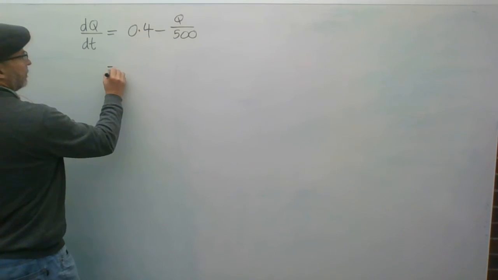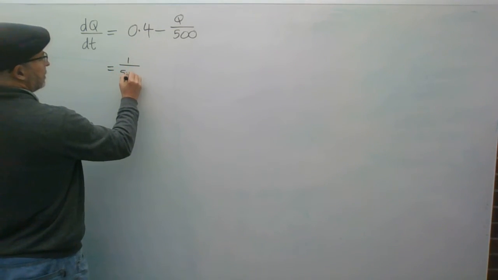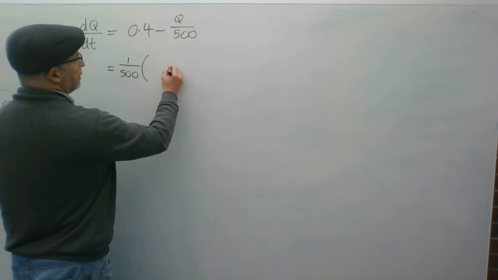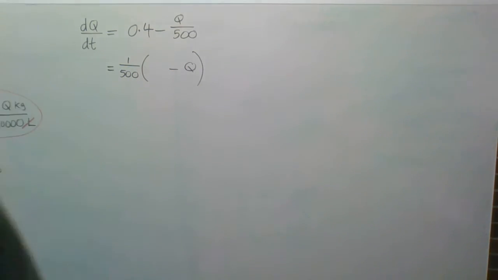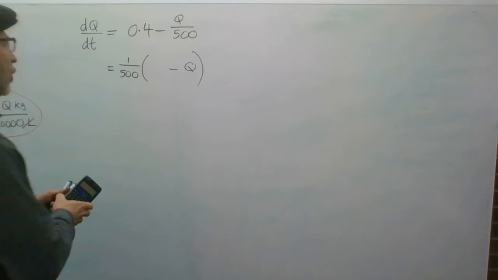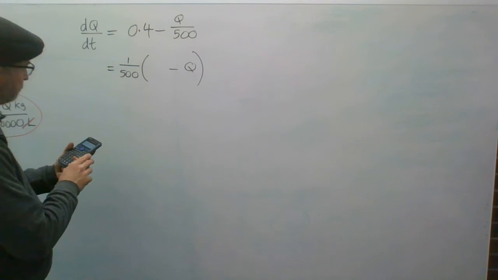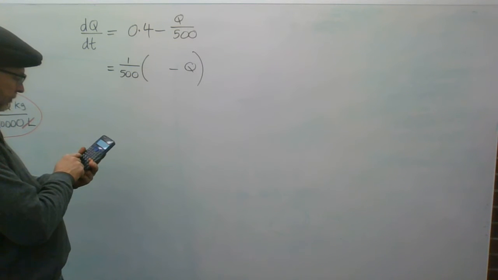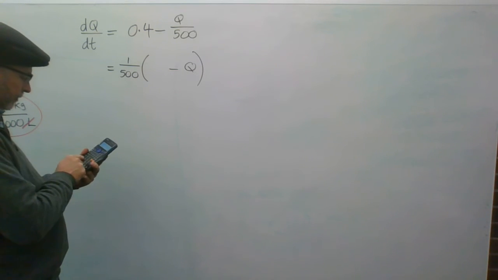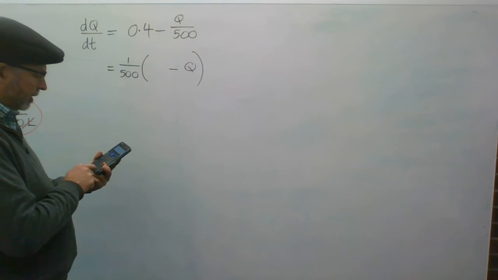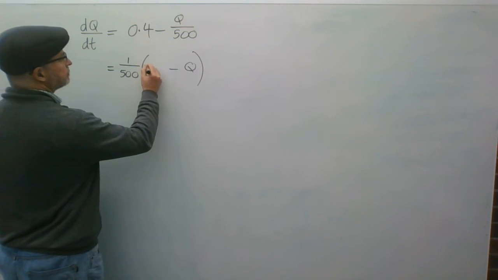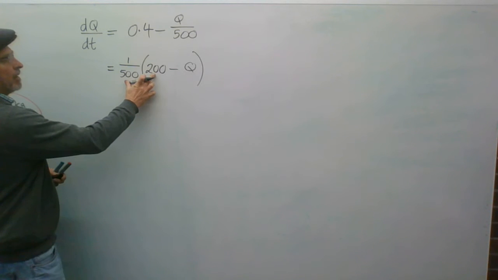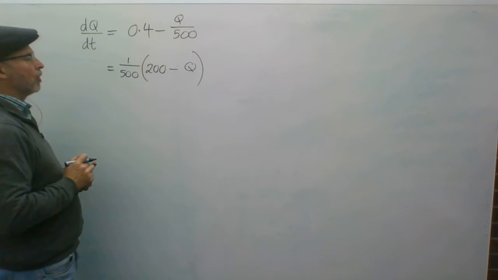So this is the 1 on 500 come out the front, something minus Q, because that's going to be more simple to work with. So just one moment, 200. So that'll give me my 0.4.